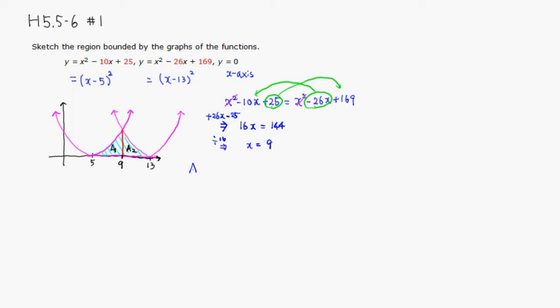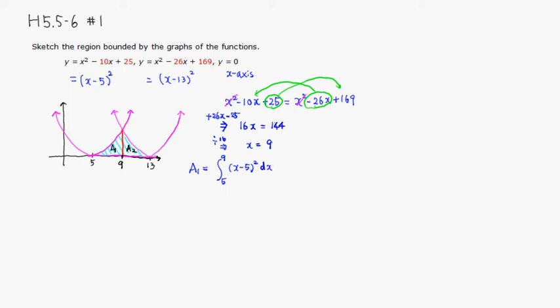A1 is an integral from 5 to 9. The top curve is the first parabola, x minus 5 squared, minus y equals 0, so minus 0 doesn't do anything, so I'll leave it as that, with respect to x.